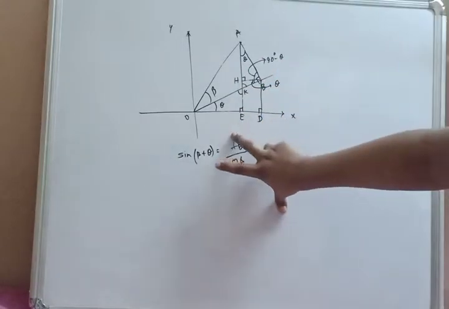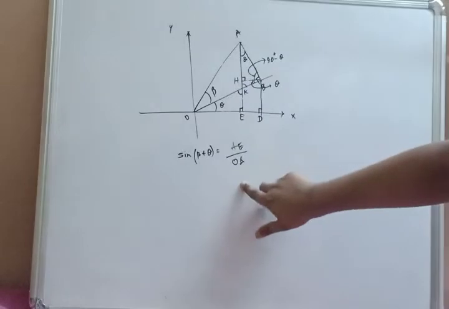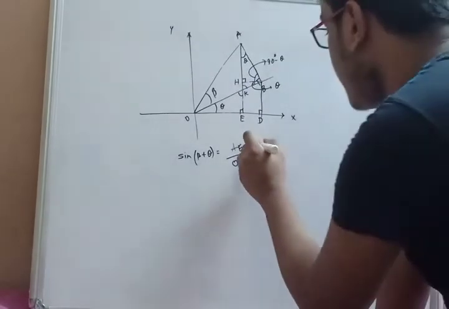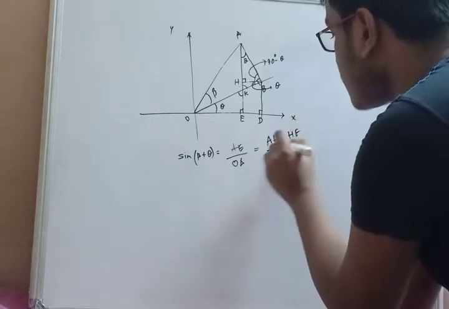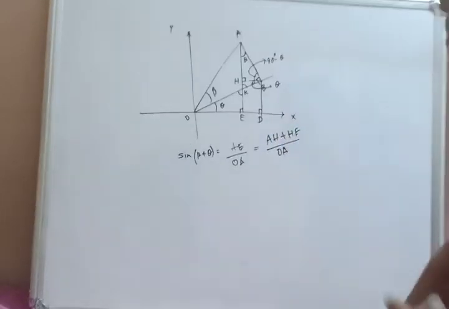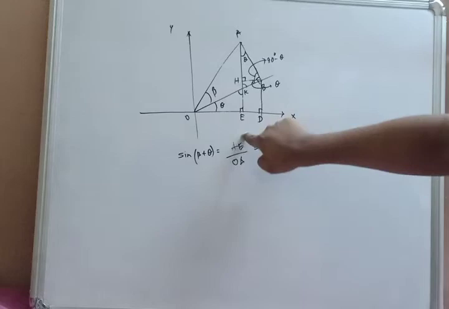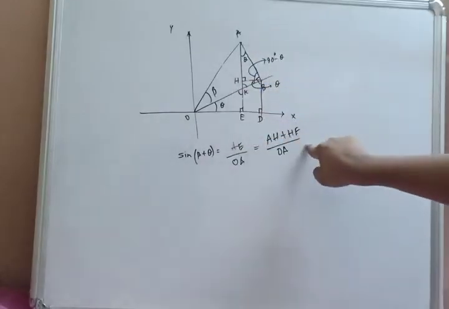I can write this ratio as AH plus HE by OA, because AE is nothing but AH plus HE.